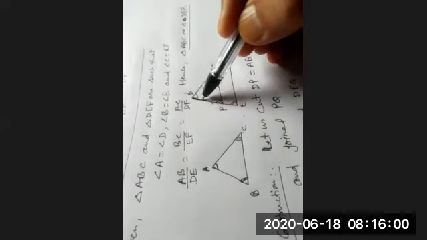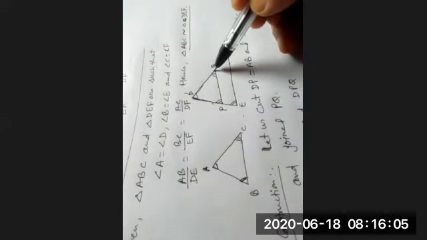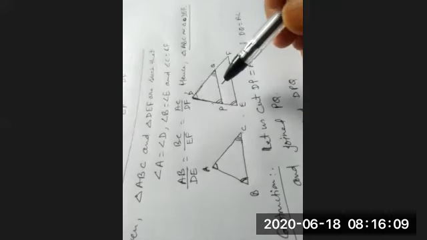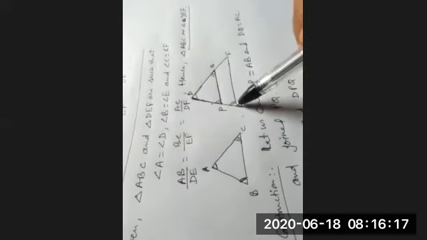Yes or not? Yes, sir. Then you should write angle C is equal to angle E. Now you can say that if two sides are equal here, then can you say that PQ is parallel to EF?